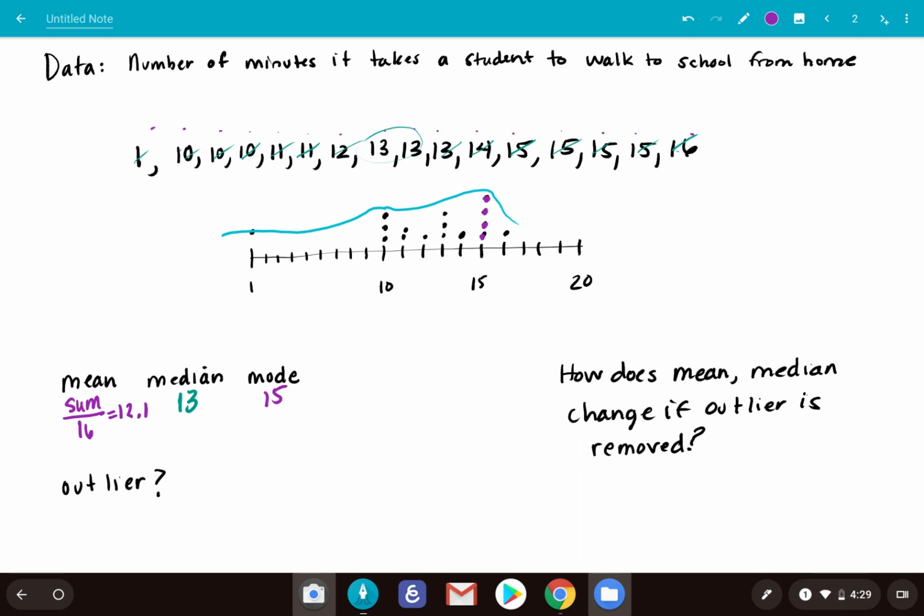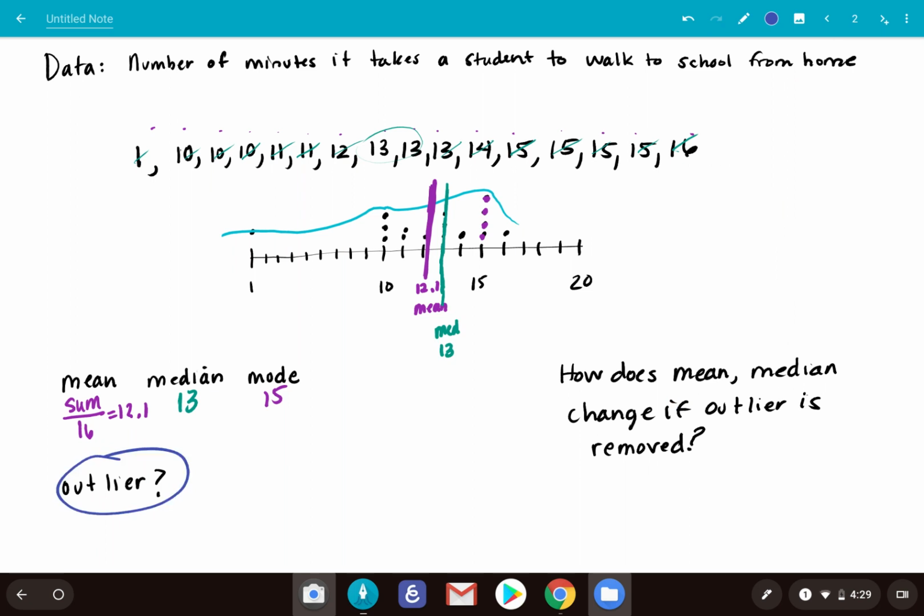So the mean is 12.1, which is approximately right here. Our median was the 13. And then what we want to do is look at any potential outliers.